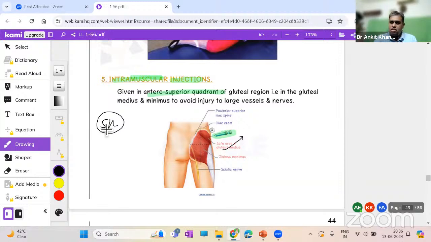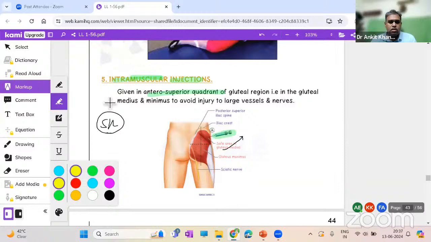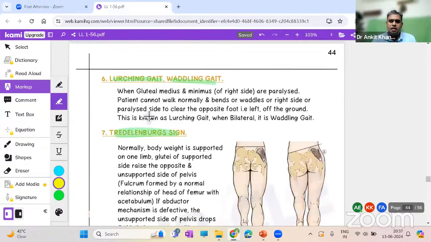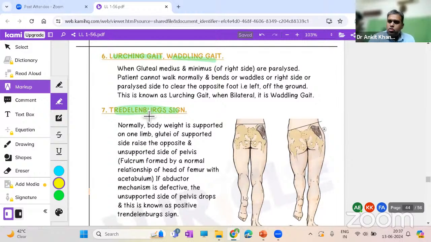The muscle into which the drug actually enters, once you do an IM injection and push the drug, is your gluteus medius, and if it goes a bit deep, it will be gluteus minimus. This you remember. Now come to the waddling gait or lurching gait. When gluteus minimus and medius are paralyzed, the patient cannot walk normally and bends or waddles on the right side.